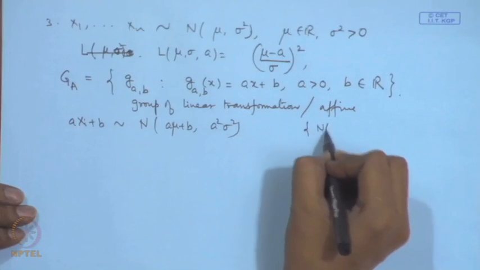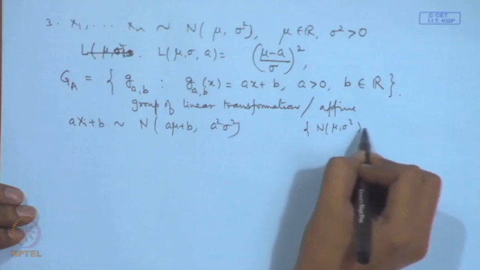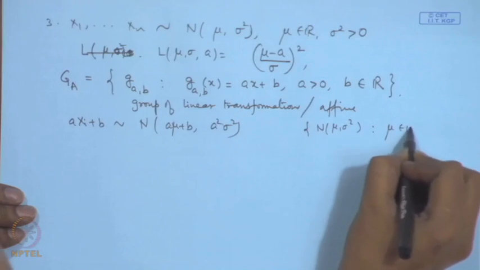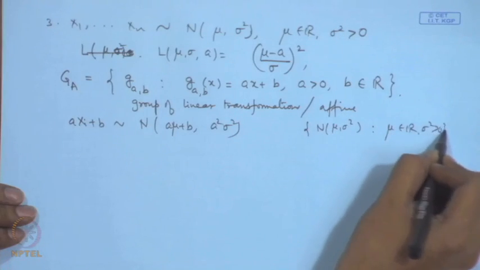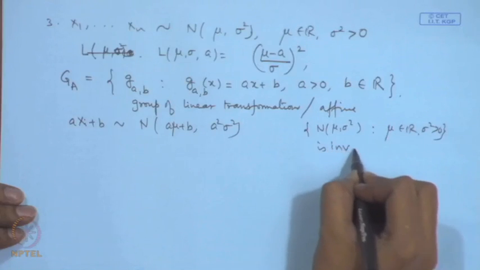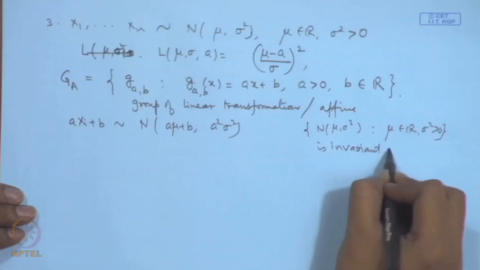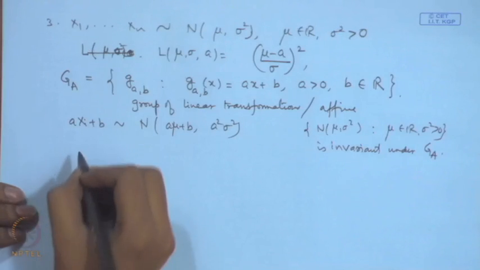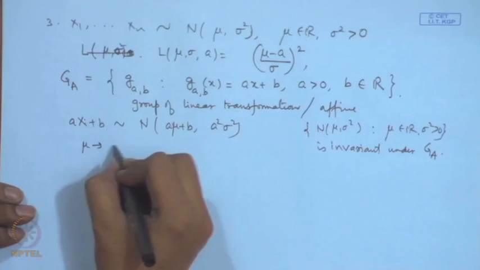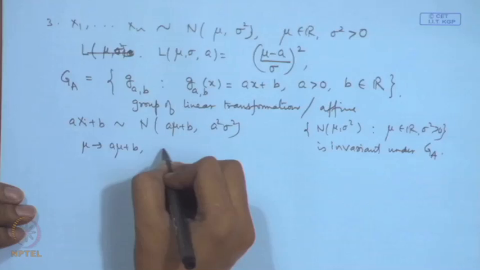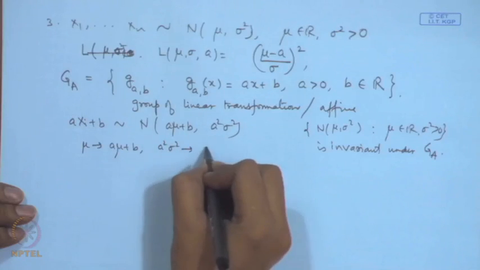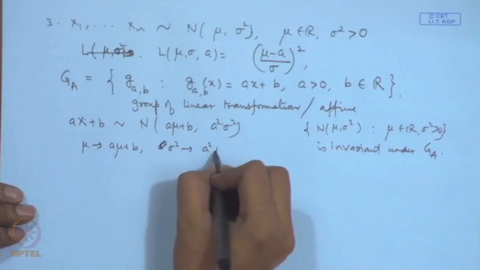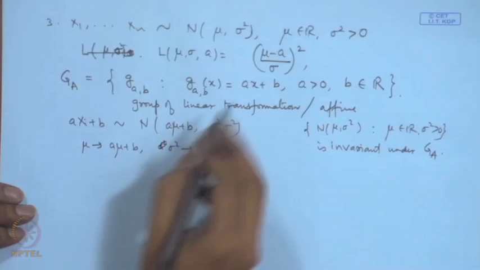The family of normal mu sigma square distributions is invariant under the group G A. Naturally, you are seeing that mu goes to a mu plus b, and sigma square goes to a square sigma square.